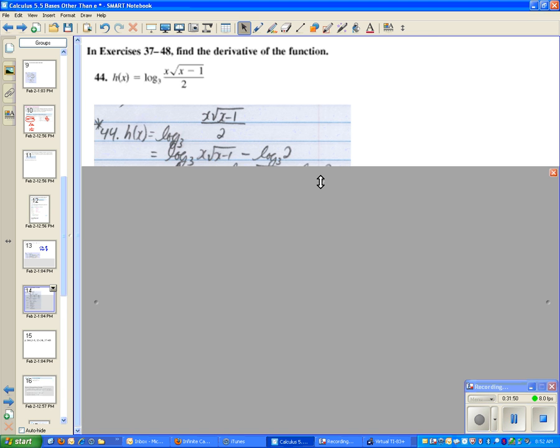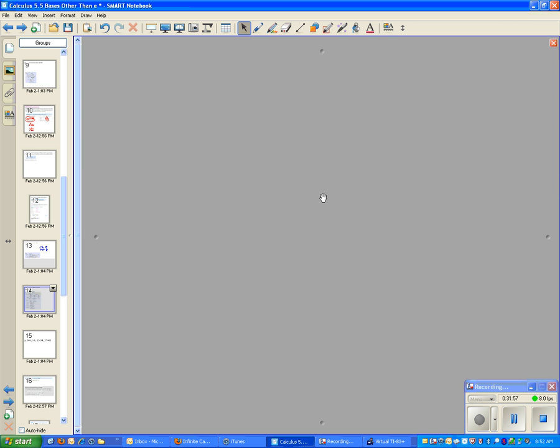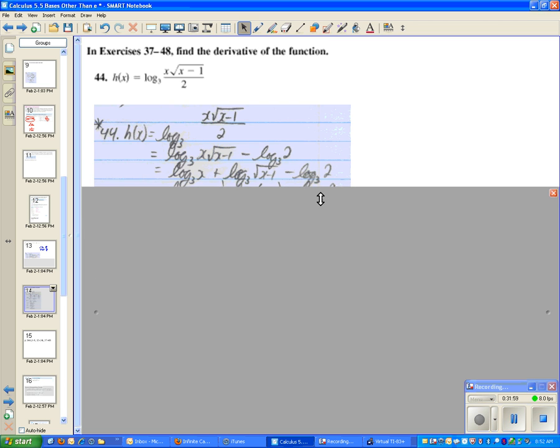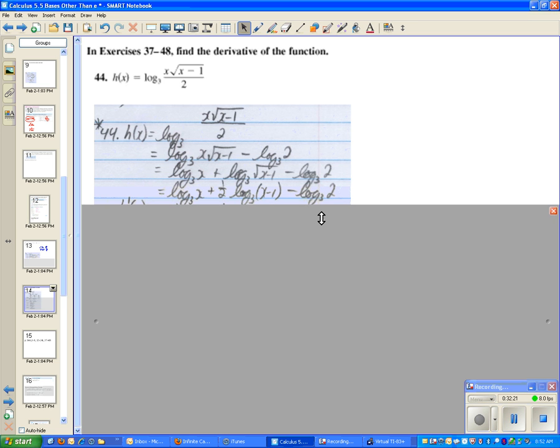And then the logarithm of that product, the product of x and the square root of x minus 1, let's break that into the sum of the logarithms. And that square root of x minus 1 can be thought of as x minus 1 in parentheses with an exponent of 1/2 on it. And then we can set the exponent in front of the log, like so.